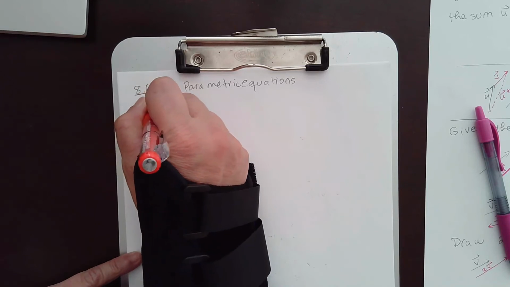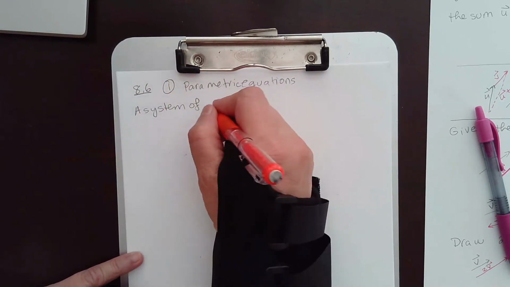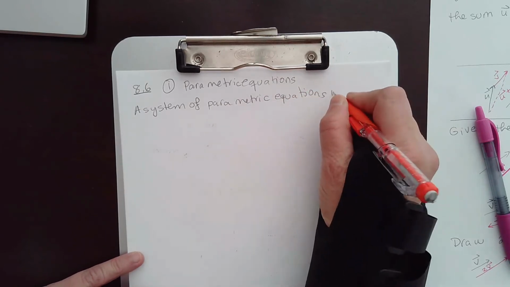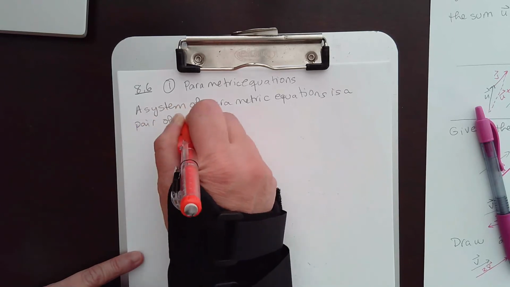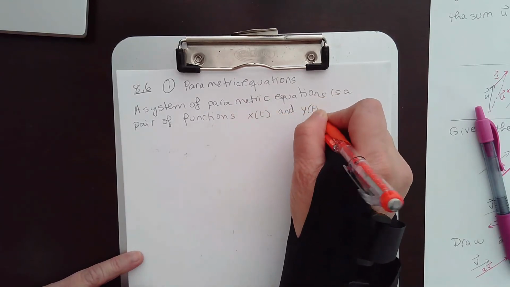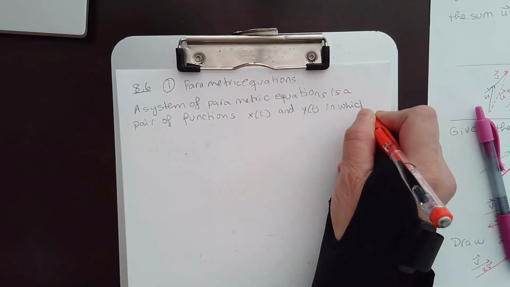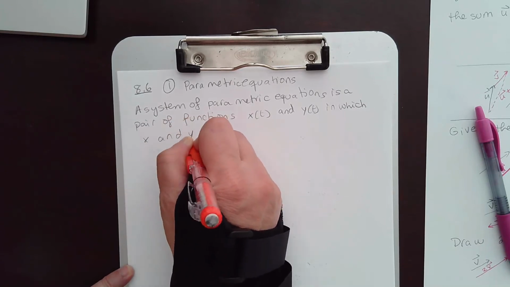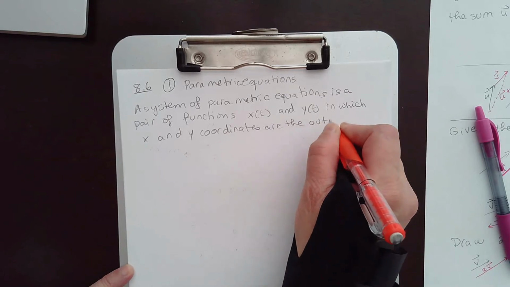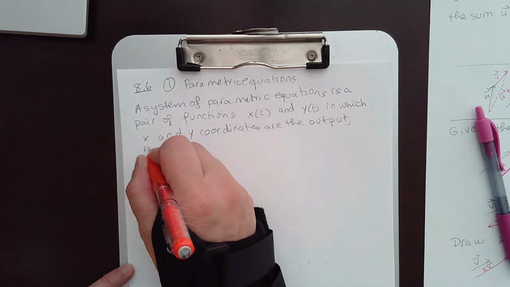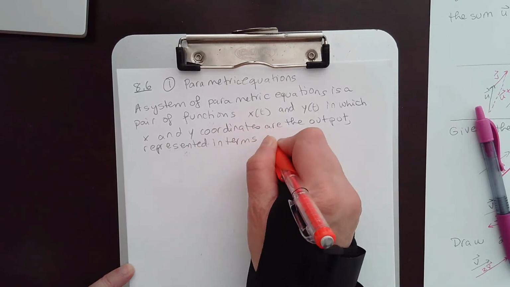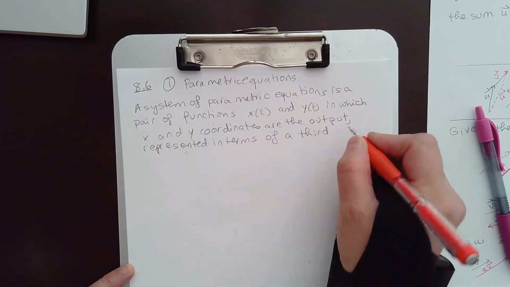A system of parametric equations is a pair of functions x(t) and y(t) in which the x and y coordinates are the output, represented in terms of a third input parameter t.